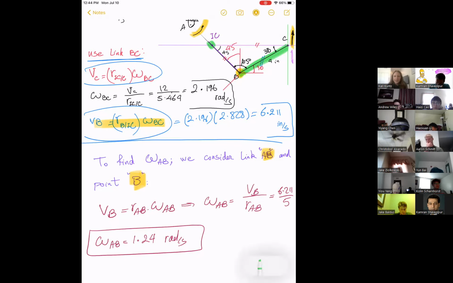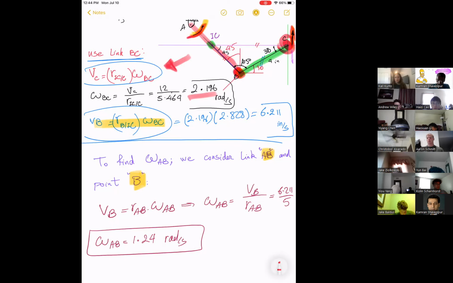Then the next step is to use the point that I have information about. I know VC. I relate VC to omega BC and link BC. I find this omega. Then I switch to find the velocity of B, because B belongs to AB, and this is what I'm looking for.